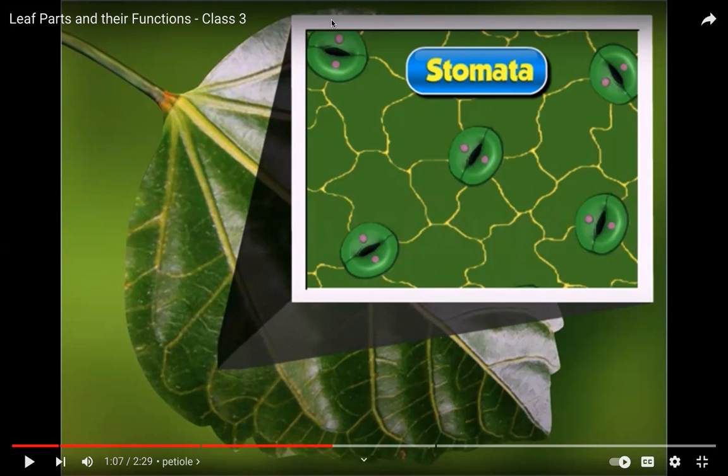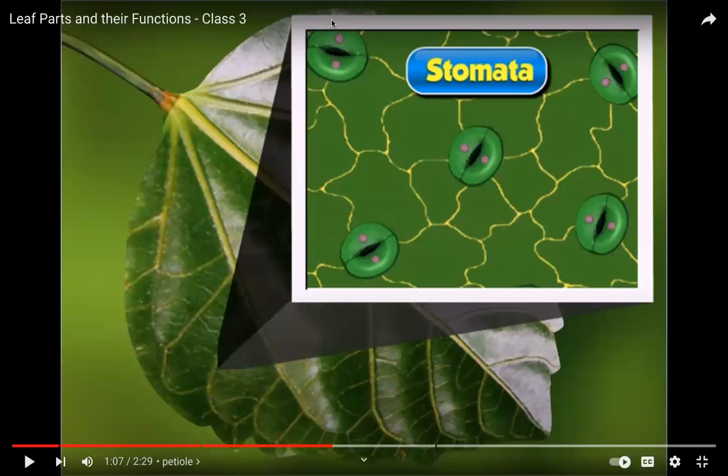And during the day, this stomata breathes in carbon dioxide and releases oxygen.